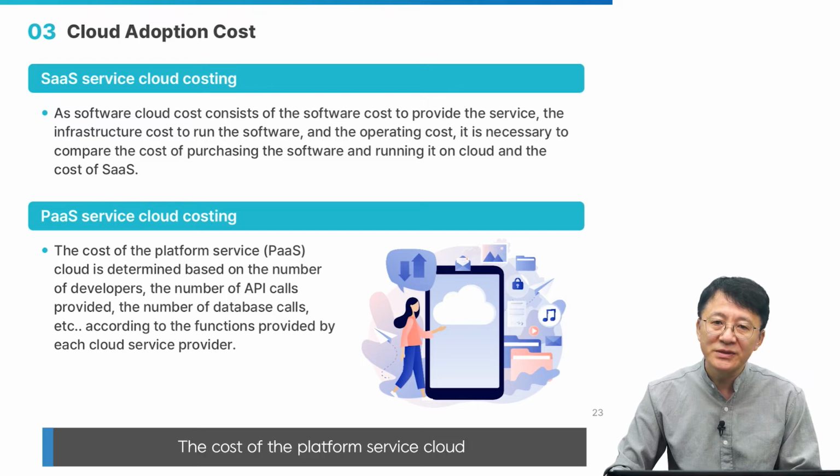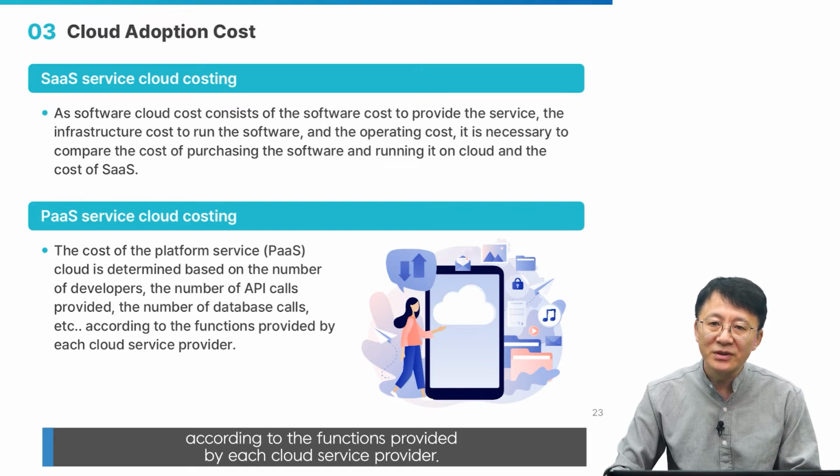The cost of the platform service cloud is determined by the number of developers, the number of API calls provided, the number of database calls, etc., according to the functions provided by each cloud service provider.